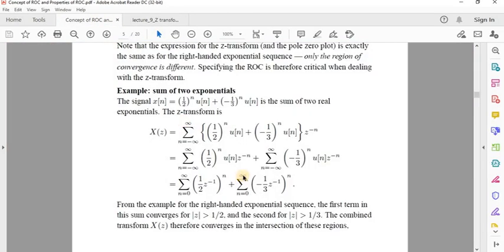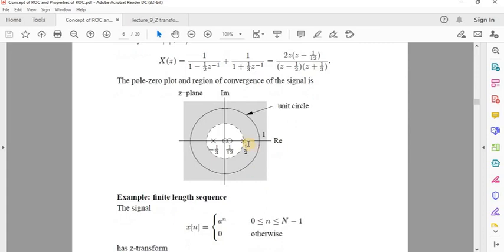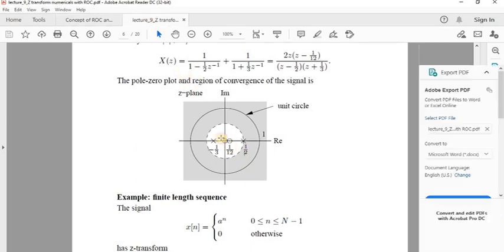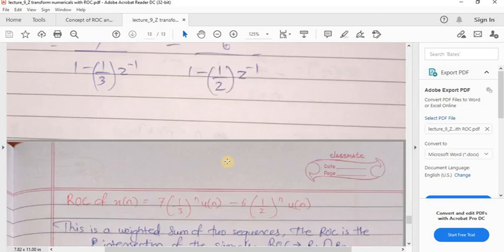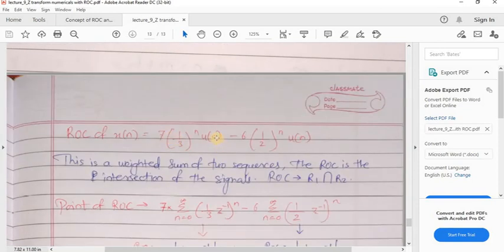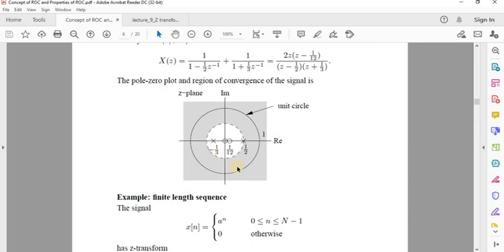In this PDF they have given this half as the outermost pole, and this is the second pole. So we have to choose the greater one, and as this sequence is a right-handed sequence because there are no negative terms in u of n, the ROC will be outside the pole.